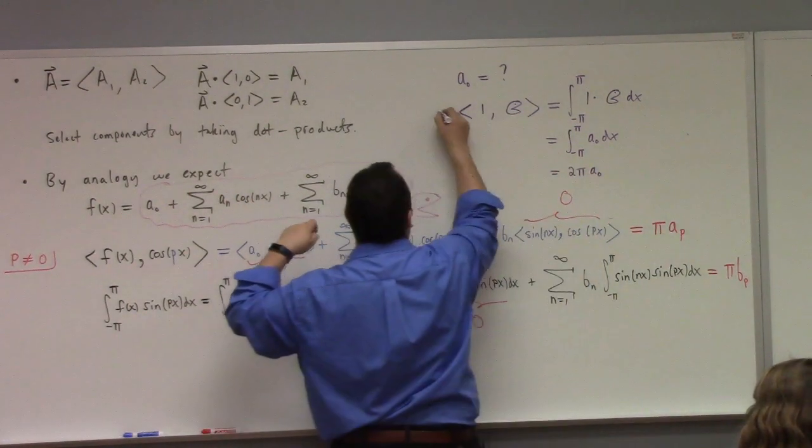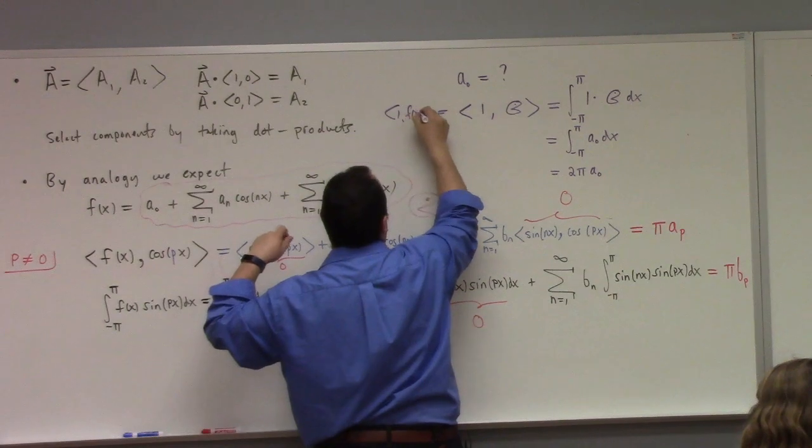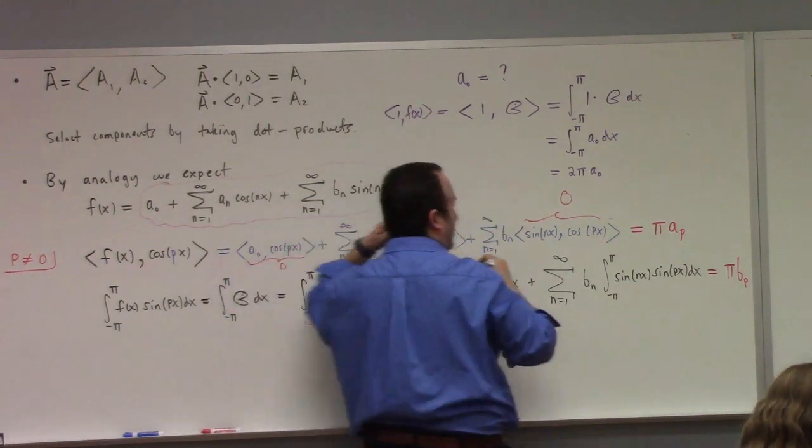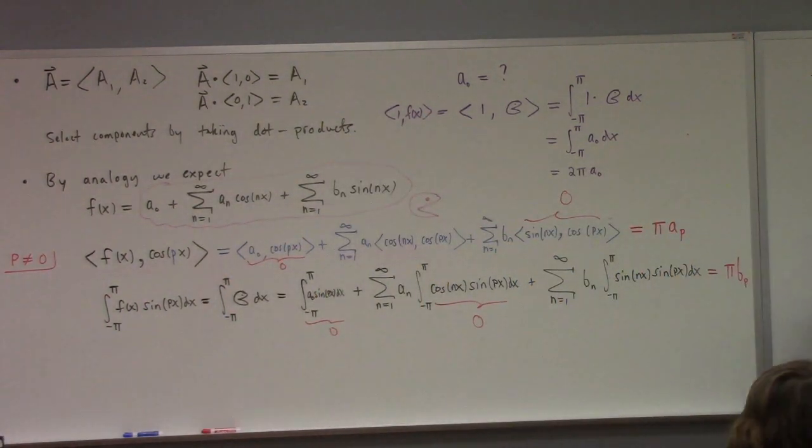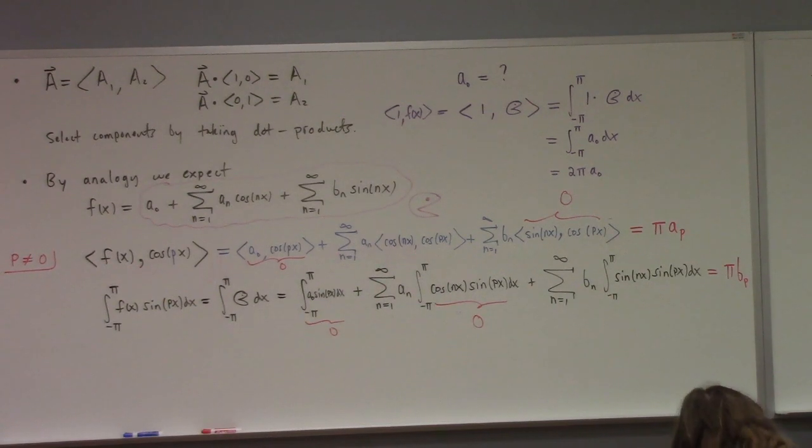But on the other hand, this should be equal to 1 with f of x. So this leads me to the formula, a little bit different, that a sub 0 is 1 over 2 pi, the integral from minus pi to pi of f of x dx.